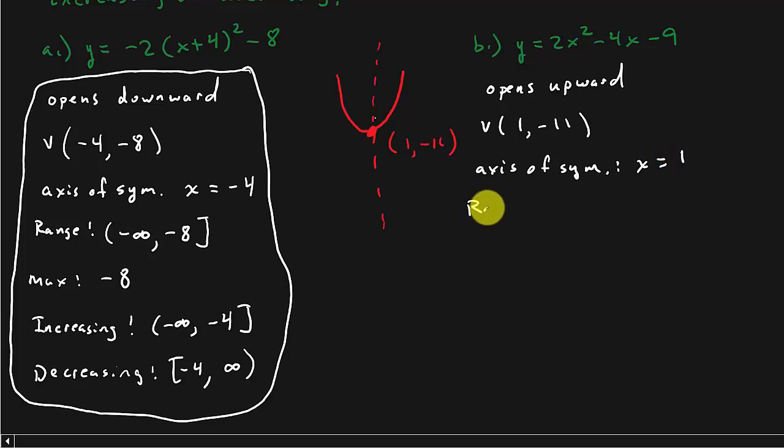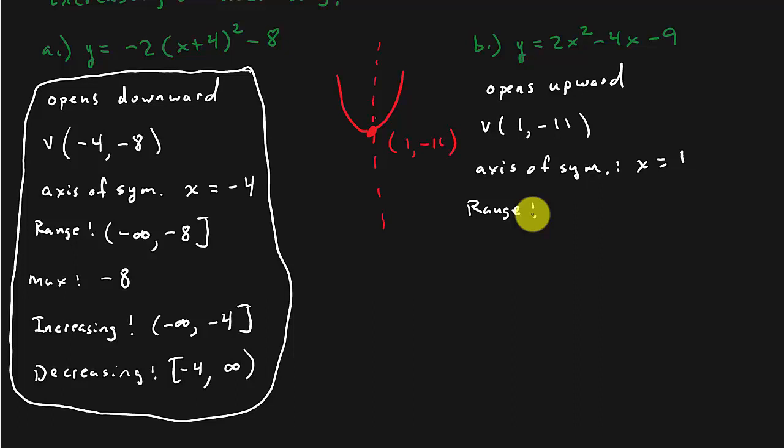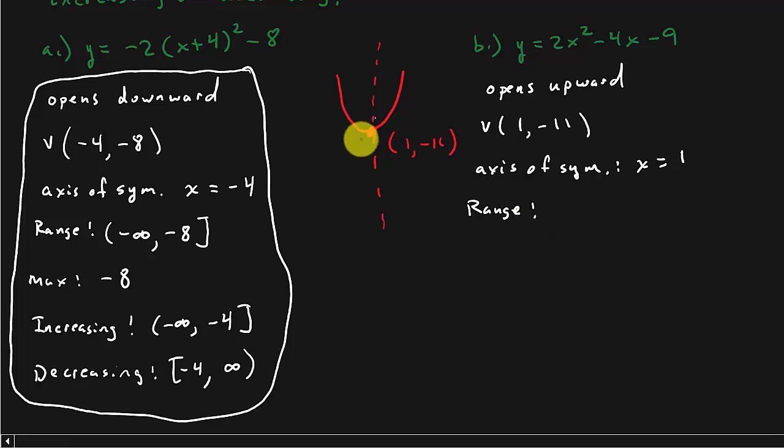And then we need the range. All right, so the range, that's all the y values that this thing's going to hit. Well, what y values does it hit? Well, it starts here, right? And it goes up forever. So that's all the y values from this y value, which is negative 11. And the negative 11's included. And it's going up forever.